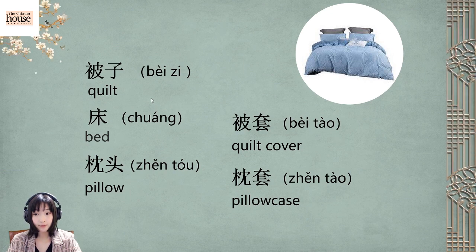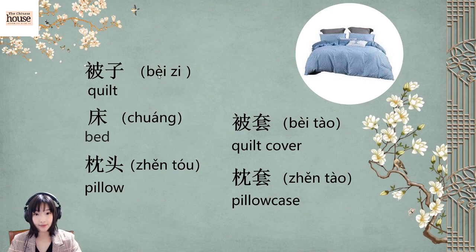And then 被子, quilt, 被子. Remember light tone 被子. And then bed, 床, second tone 床. And pillow, 枕头, 枕 third tone, 头, 枕头.